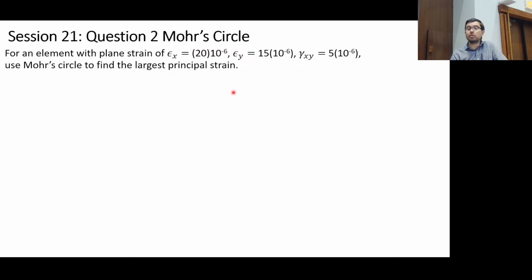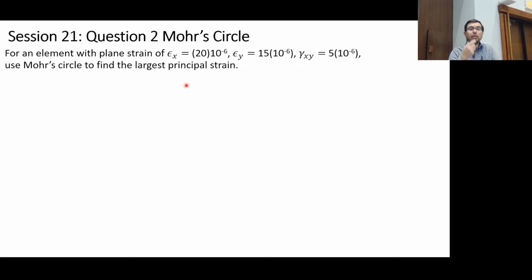So the second question, and I'll have more videos to help with this, is to go ahead and use this Mohr's circle to plot and figure out, for example, what the largest principal strain might be. Just remember that we have the gamma xy over 2.